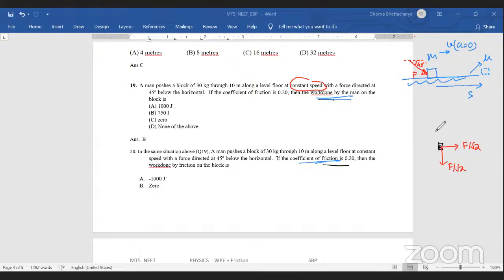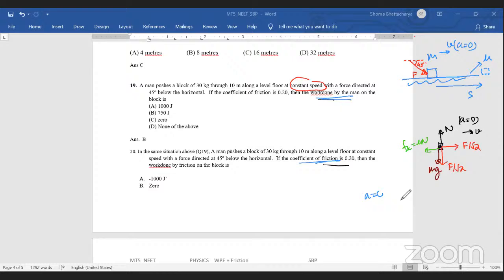In spite of acceleration being zero, to keep it moving, you have to overcome friction. So there is kinetic friction, which is mu n. Unless you overcome that, the block will start decelerating. So understood the point. The free body diagram is like this now.